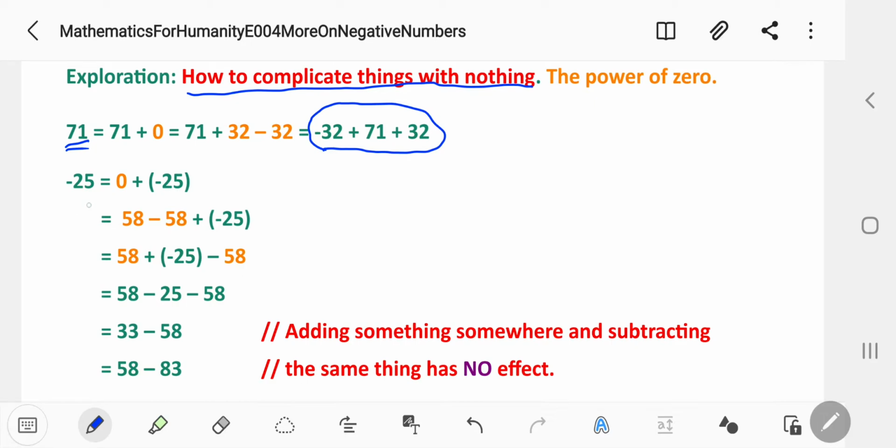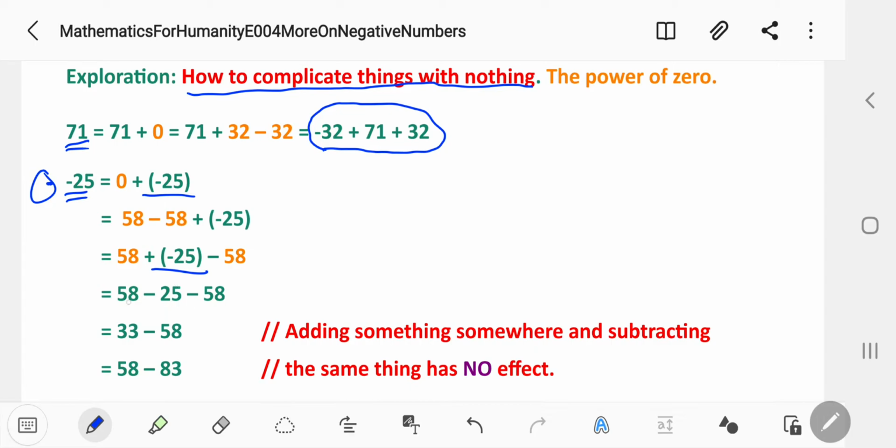So here you also have in this example negative 25. This is equal to 0 plus negative 25, and then of course you can write 0 as a number subtracted from itself, any number, in this case 58. So you can rearrange them, so you can put 25 in between the 58 and negative 58.